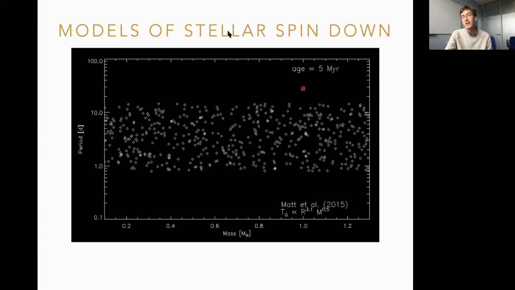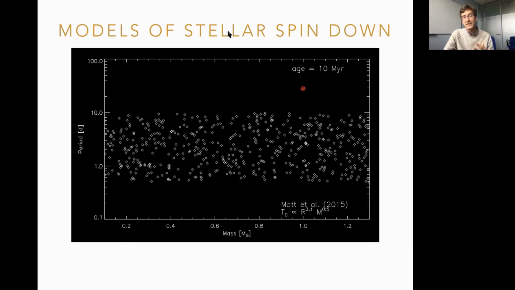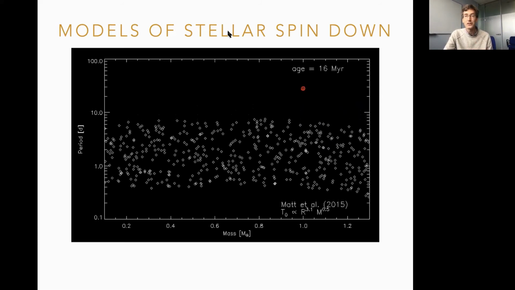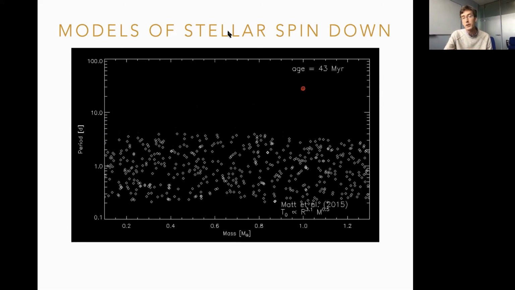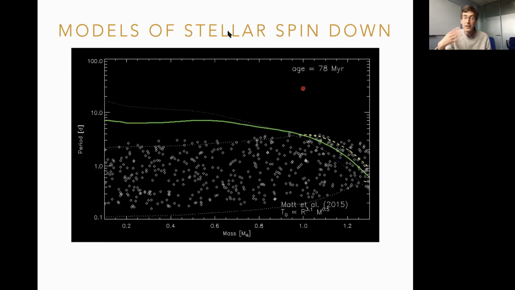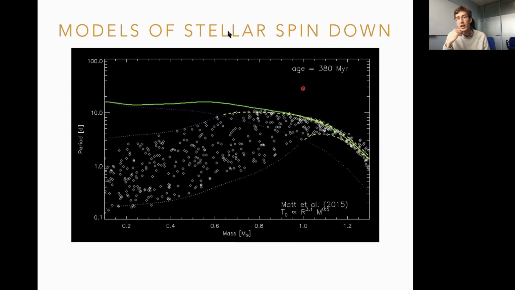They start out at a very young age, 5 megayears, with a spread of rotation periods, and you have some prescription for how their spin changes over time, which is physically motivated or motivated by simulations or whatever, and you ask how they would evolve. And again, see the paper if you're interested in all the details, but roughly speaking, they first move to shorter rotation periods, and then in a mass-dependent way, they lock onto this kind of Skumanich-style spin down.